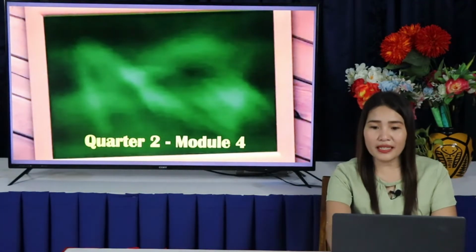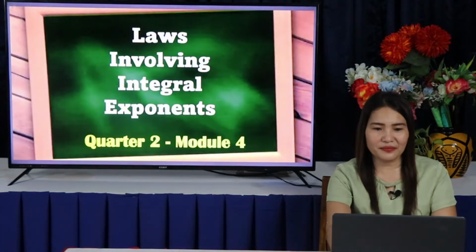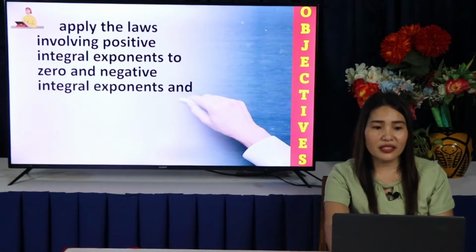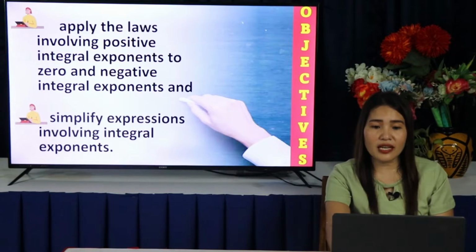Today, we will be learning about laws involving integral exponents. Here are our learning objectives for today. At the end of this lesson, the students are expected to apply the laws involving positive integral exponents to zero and negative integral exponents, and simplify expressions that involve integral exponents.